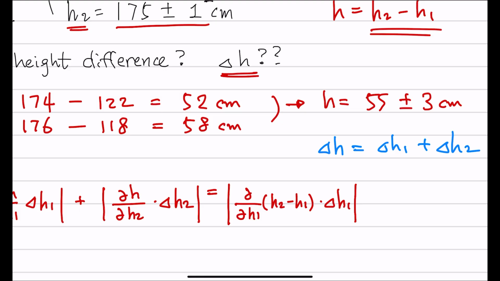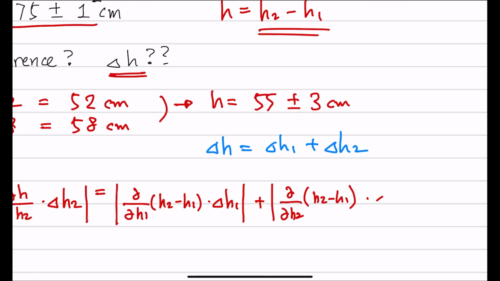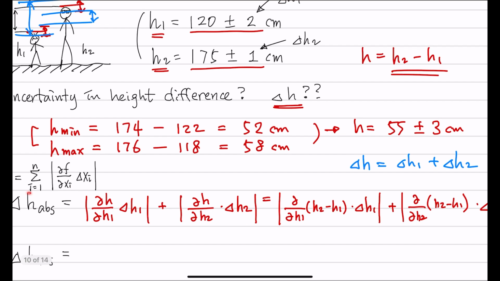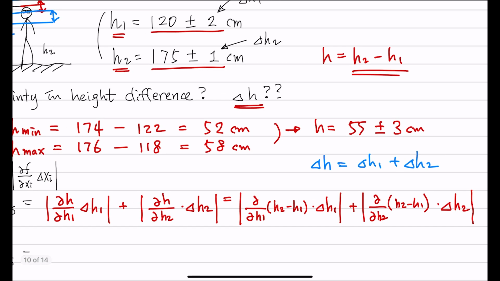And we also have this delta H over delta H2 of H2 minus H1 times delta H2. So all I did was apply the actual values into this formula, which gave us something like that, and instead of the H, I provided this in there.